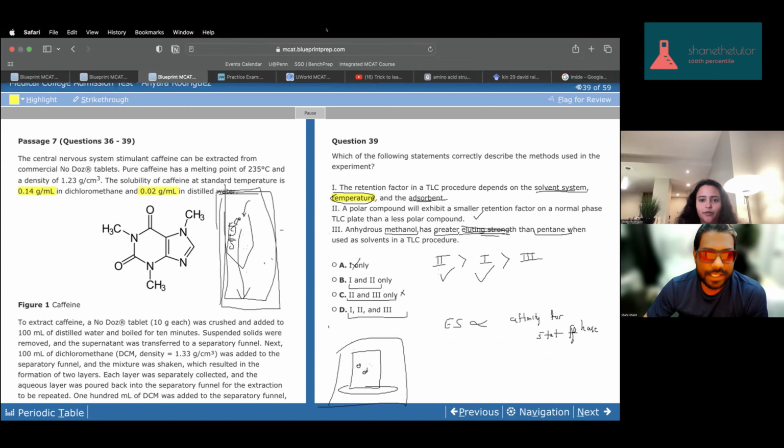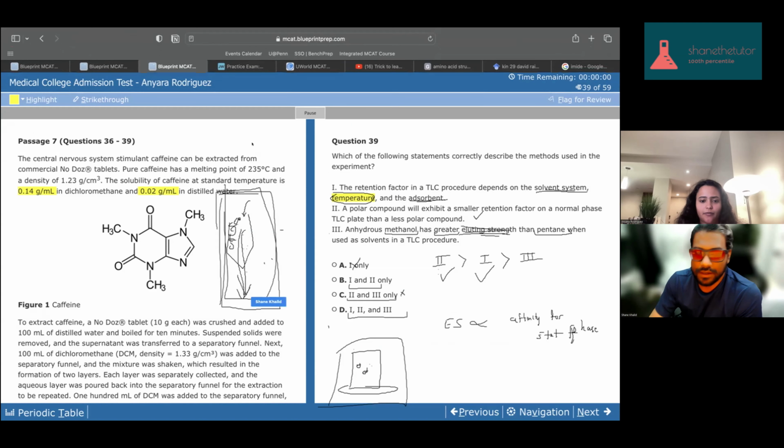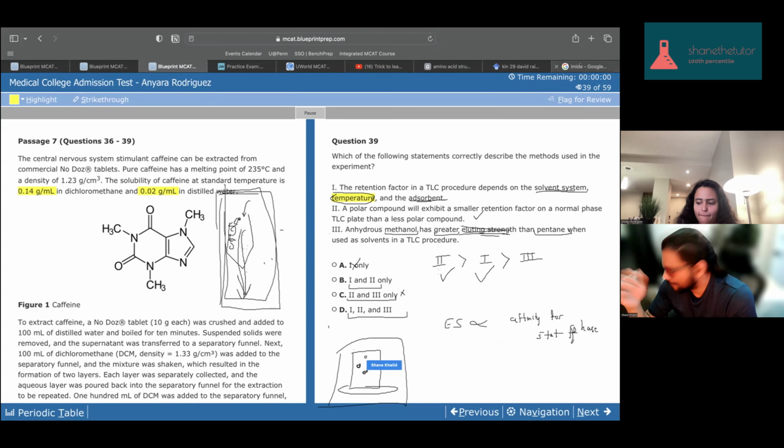So just as this involves something leaving, the things that travel up are going to have a larger affinity for the mobile phase.